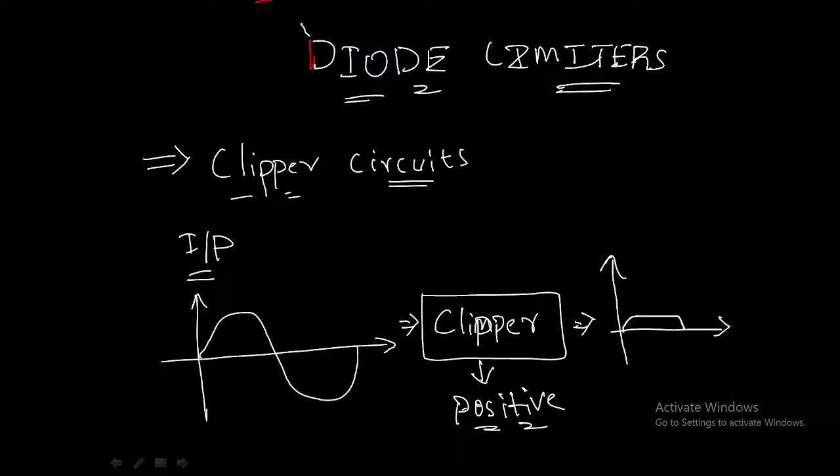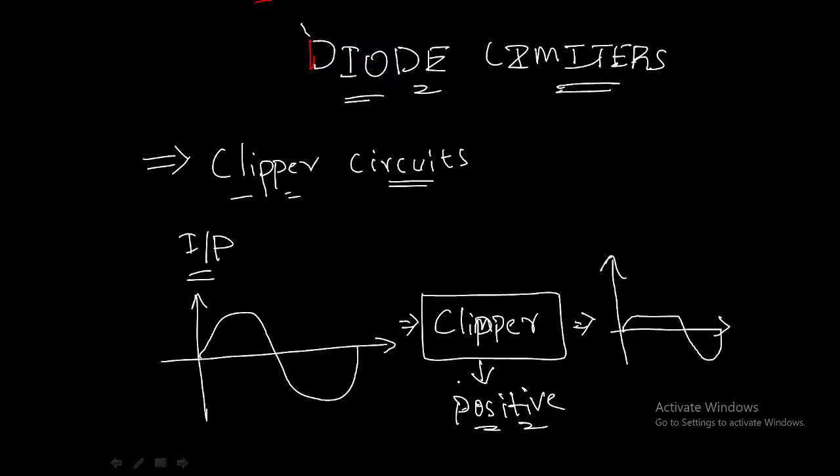Only a small part of the input will be passed and the remaining part will be clipped off. You can clearly observe the positive part of the input has been clipped off, but the negative part remains the same. So this is a positive clipper.